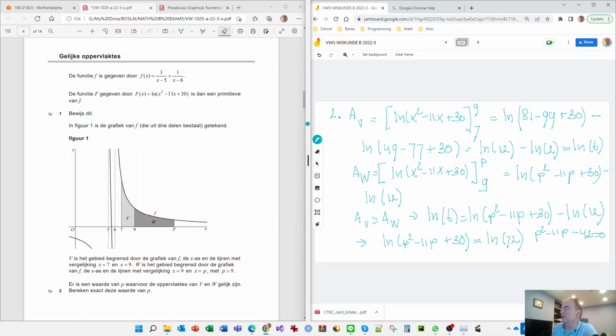And what you use here is that if log A equals log B, that is equivalent with A is equal to B.